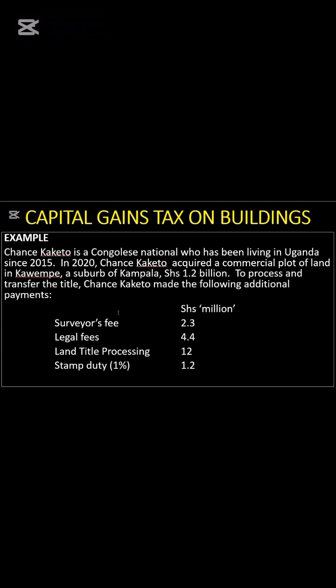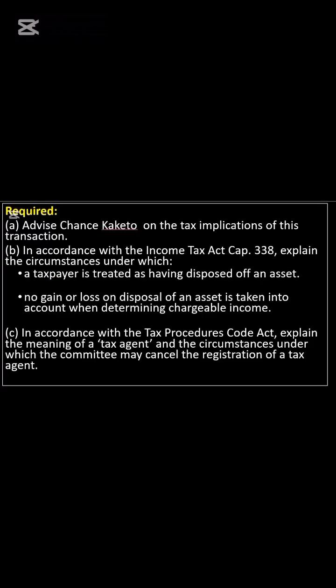Before we look at the scenario, let us look at the required. We are required to advise Kaketo on the tax implications of this transaction. For tax purposes, what happens? Then, in accordance with the Income Tax Act, explain the circumstances under which a taxpayer is treated as having disposed of an asset.